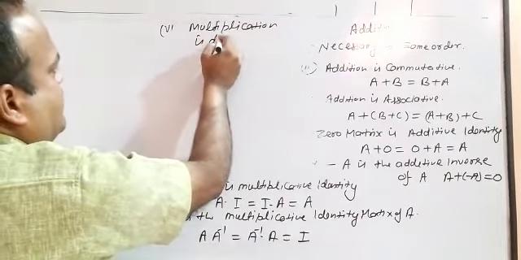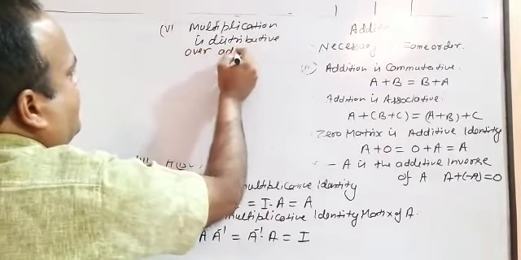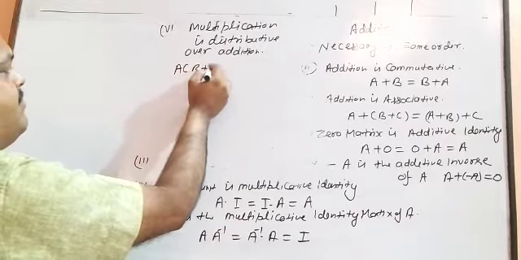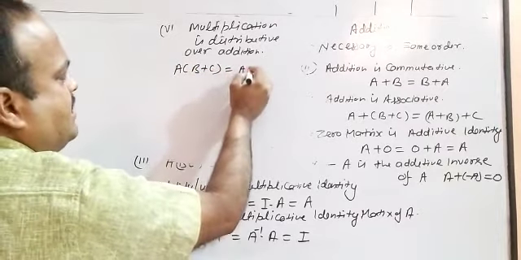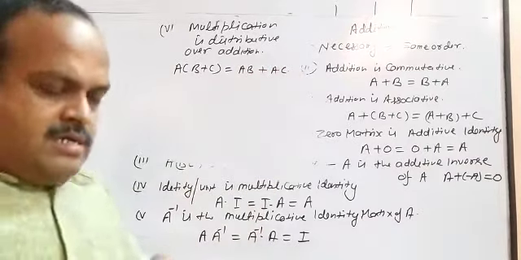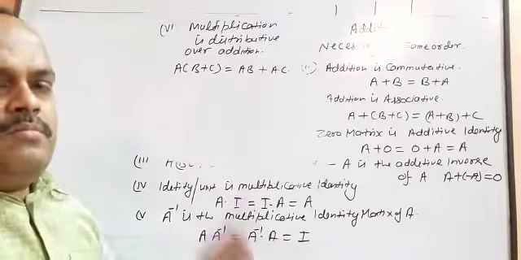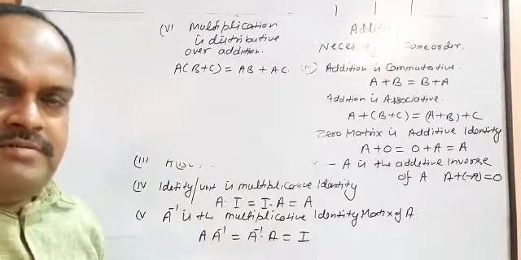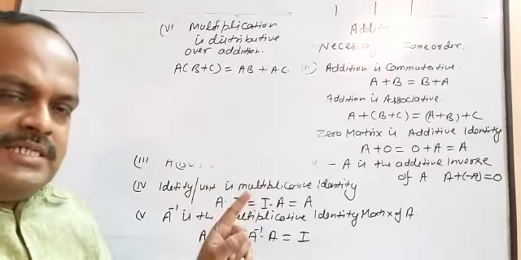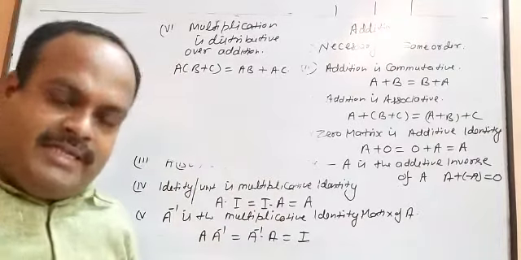I mean, A multiplied by B plus C is the same as A multiplied by B plus A multiplied by C. So multiplication is not commutative, multiplication is associative. Unit matrix is the multiplicative identity matrix. Multiplication is distributive over addition.